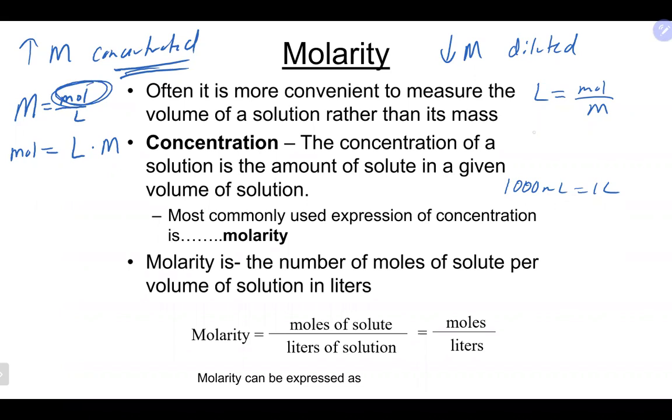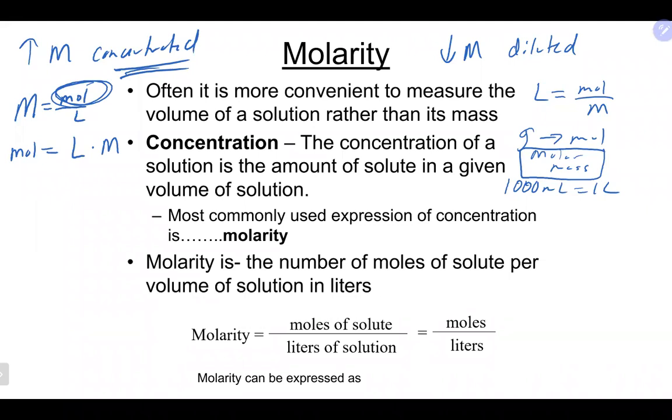So going from grams to moles is a very common way that we calculate molarity. A reminder, to go from grams to moles, it is our molar mass from the periodic table that allows us to do that. So grams to moles use a molar mass, and milliliters to liters, liters to milliliters, very common conversion.